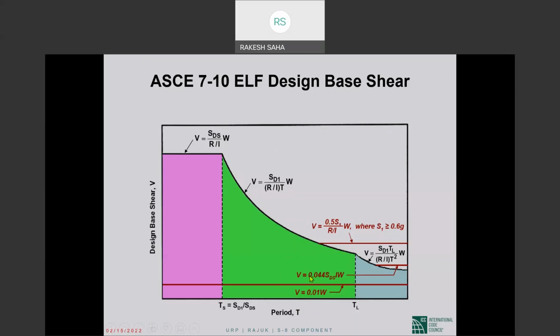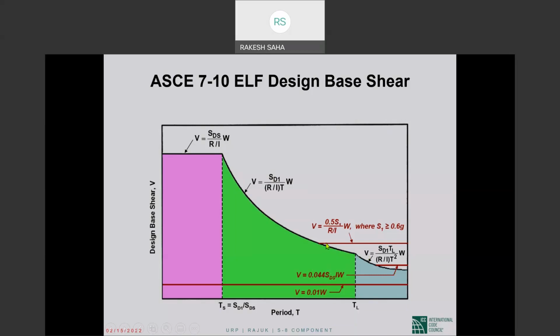There is a minimum design base shear that is independent of the seismic design category, 0.44 S sub DS times I times W. That would be very low when S sub DS is low, but we don't allow it to go any lower than 1% of the weight.